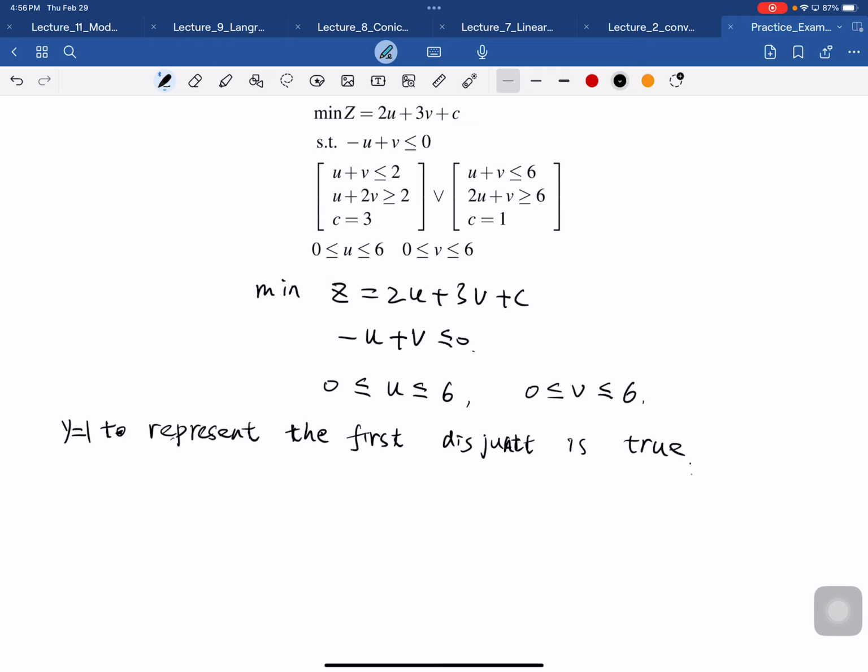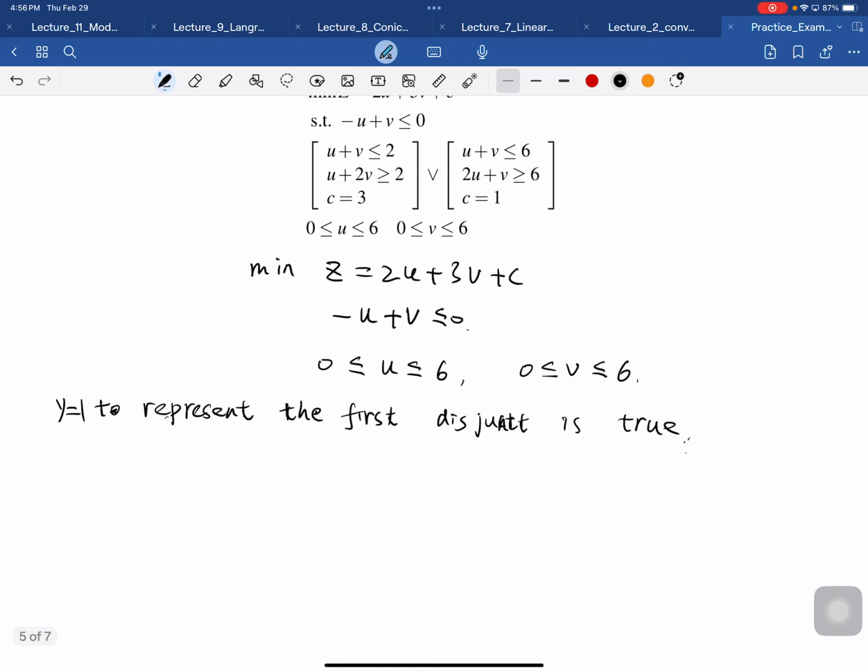Okay. So now let's write down the inequalities for the first disjunct.